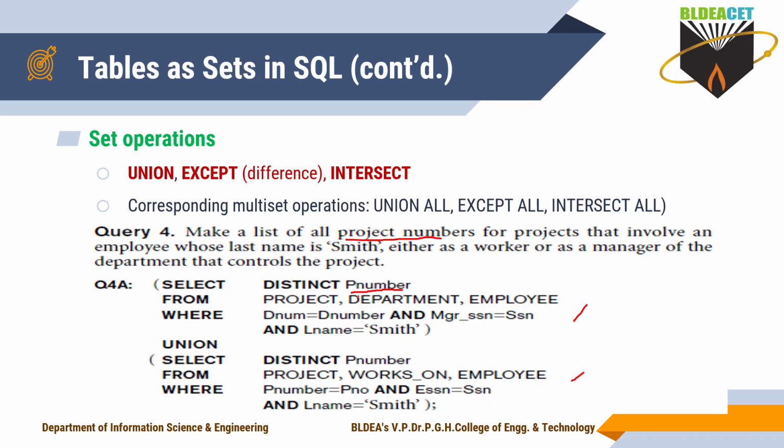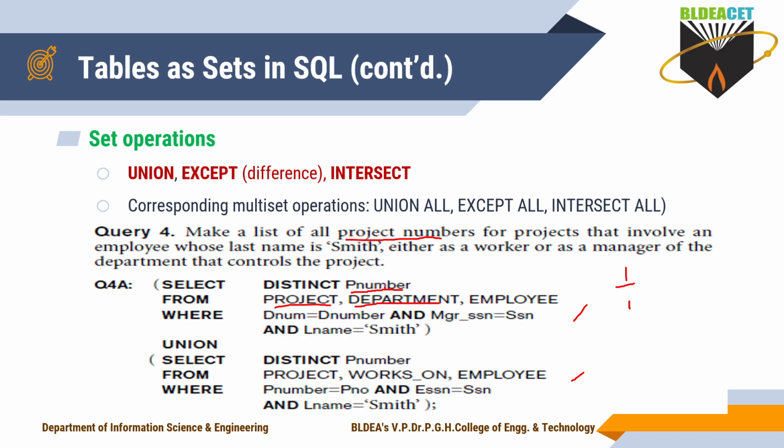Select distinct P number. What does distinct P number mean? If the same P number is repeated twice, and you want to display it only once, then you go for distinct. From the project table you get the P number information. Whether that employee is a manager or not, that information you get from the department table.